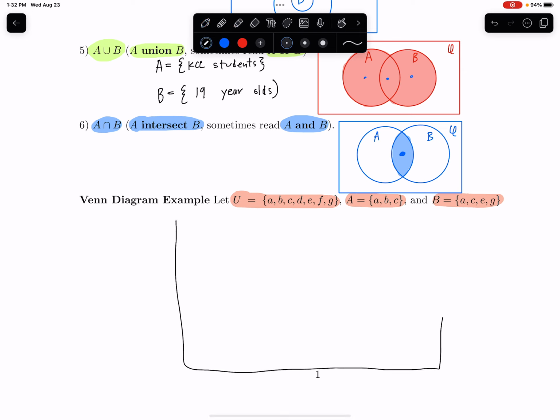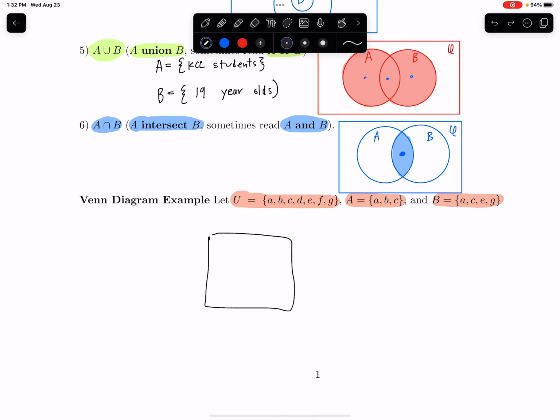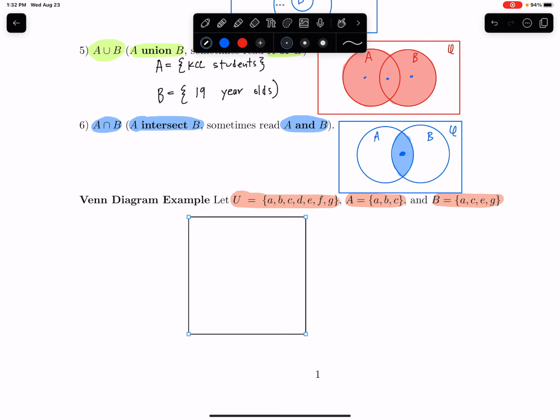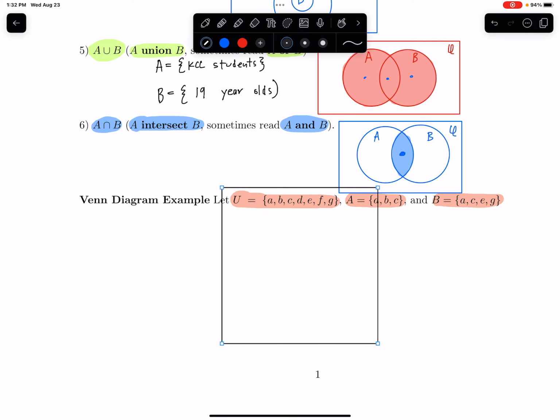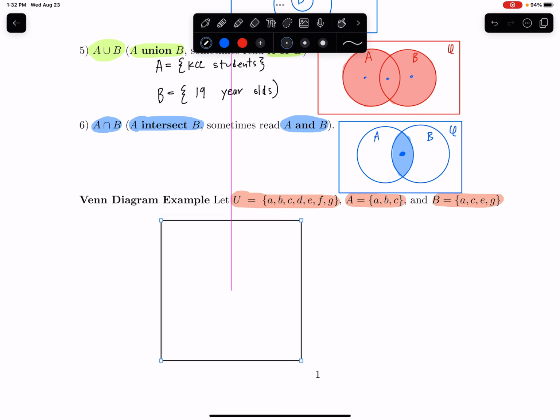So we'll start by making our universe box. Oh, it thinks that's a square. Whatever. Square's good enough.